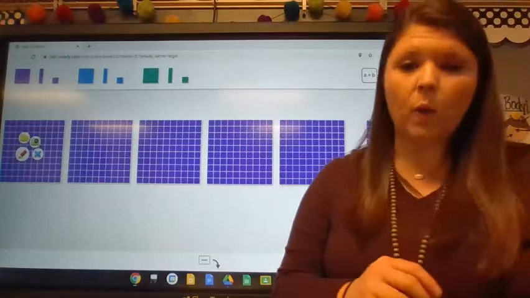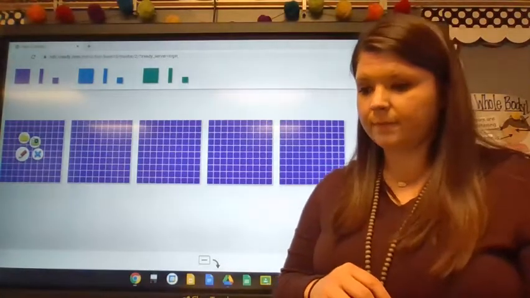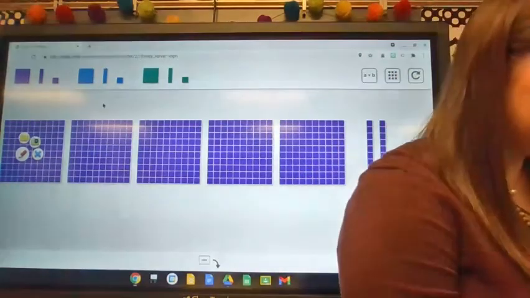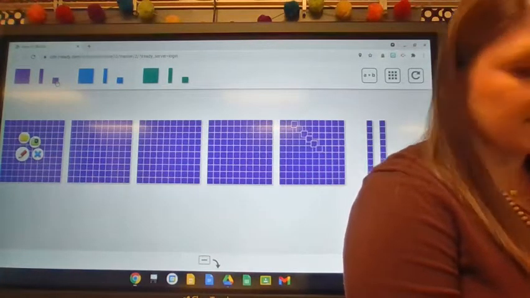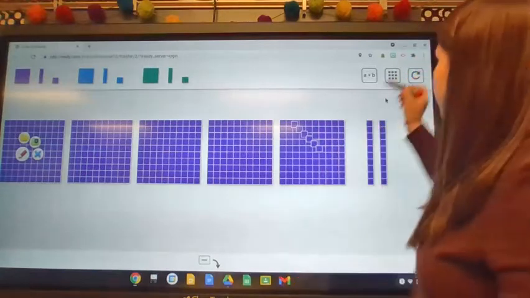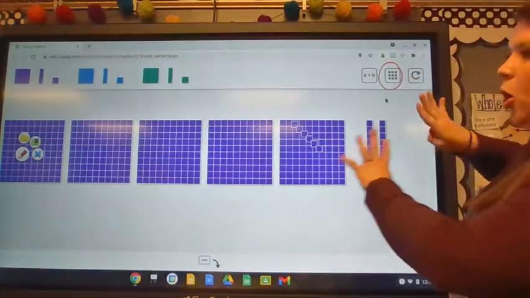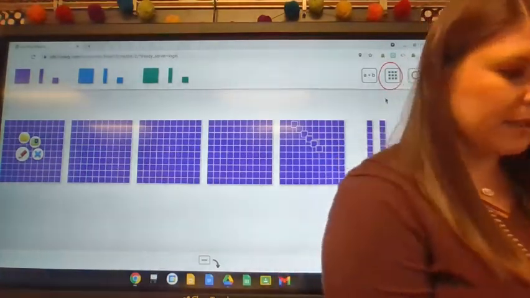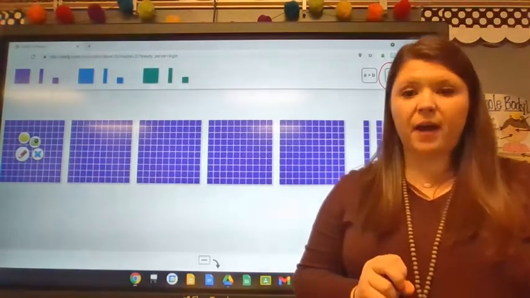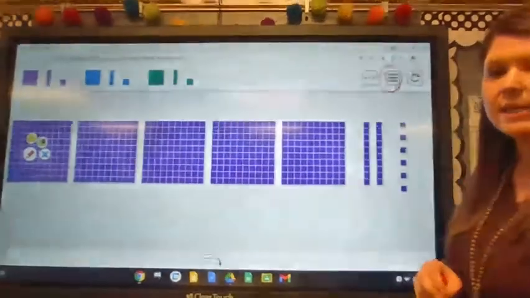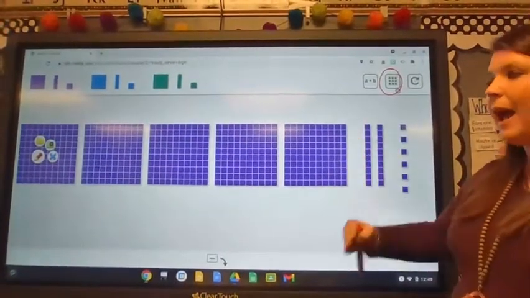And then how many ones are there? 6 ones. Yes. 1, 2, 3, 4, 5, 6. I'm clicking this button right here, and it organizes them for me so I don't have to take my time rearranging those, okay? So here I have the number 526 built.